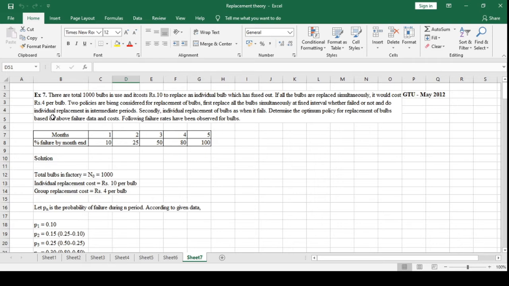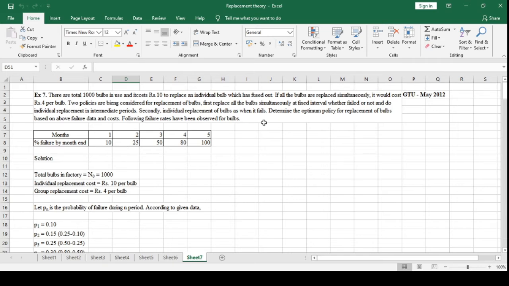Okay, so this is the failure rate which is already given to you in the example. Over here months are given, that is 1 to 5 months, and the failure probability in percentage is given according to the month. First of all we will understand this example. You are working in a factory where 1000 bulbs are there, and it costs rupees 10 to replace an individual bulb.